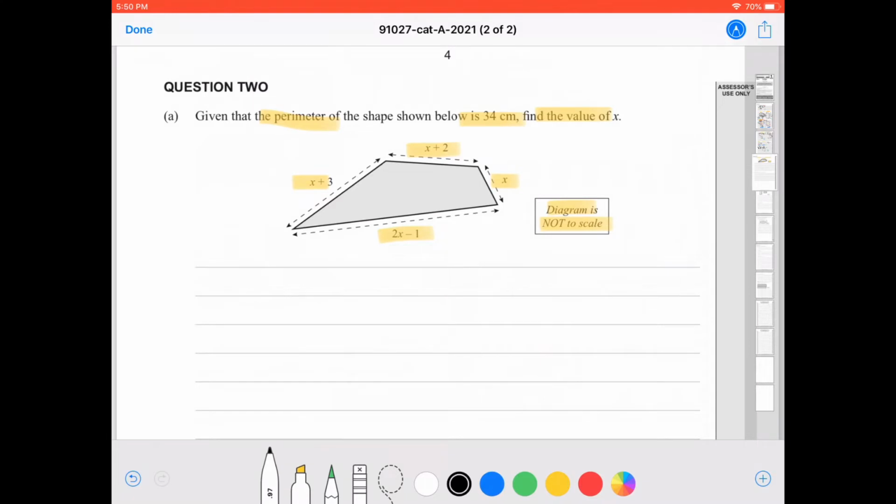And it says the perimeter equals 34. Let's first remember what the perimeter of a shape is. Obviously, it is the sum of the sides of the shape.